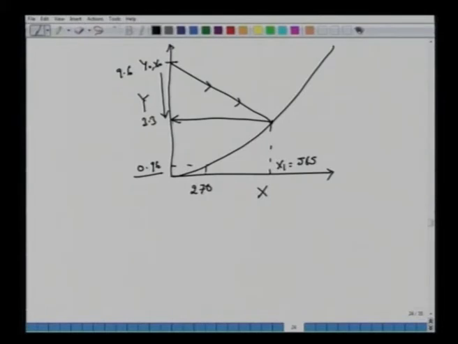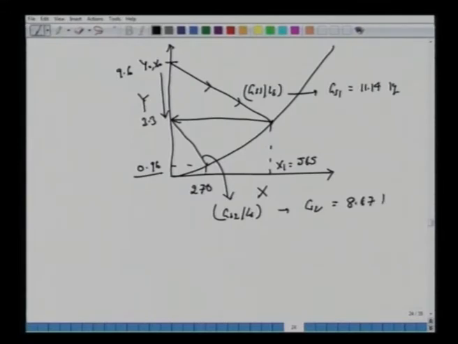All right. So all you do is connect this, and you get this GS1, from the slope of GS1 over LS. If you calculate, you should get GS1 as 11.14 kg, and from the slope GS2 over LS, if you calculate GS2, you should be able to get 8.67 kg.